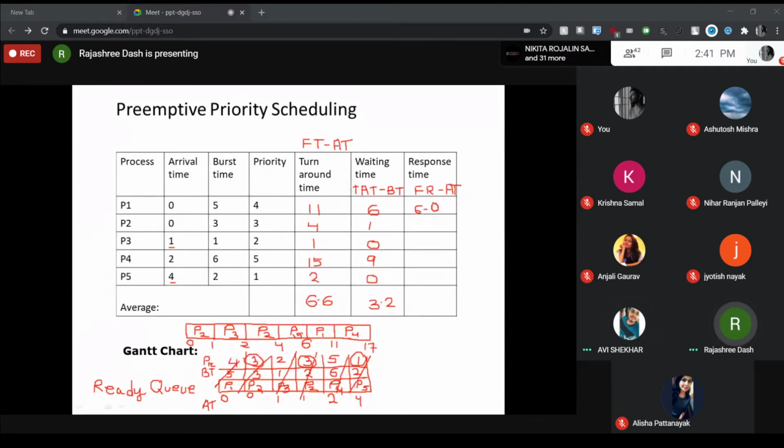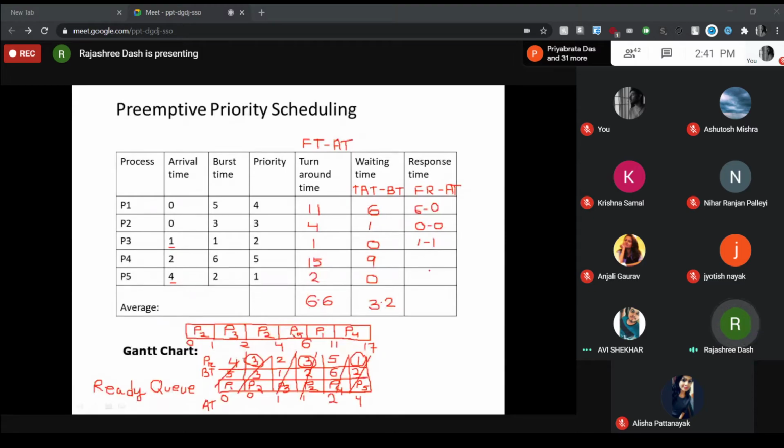For P2, first time it gets the CPU at time 0, minus the arrival time 0. So 0 minus 0, that is 0. For P3, again 0. 1 minus 1, that is 0.